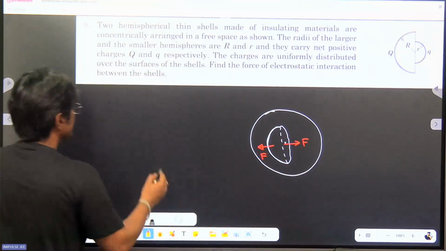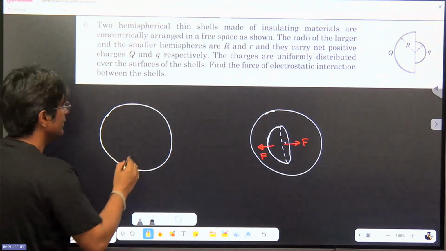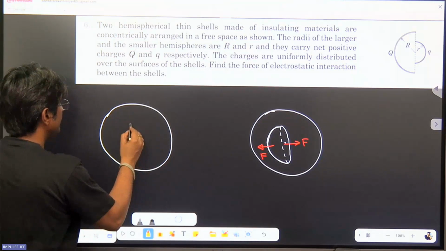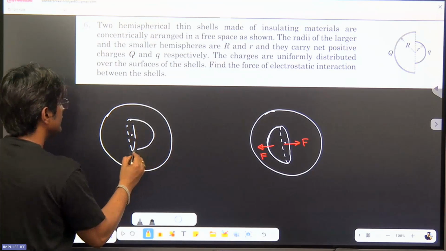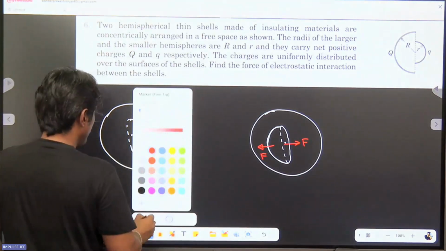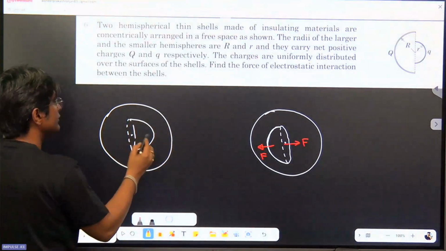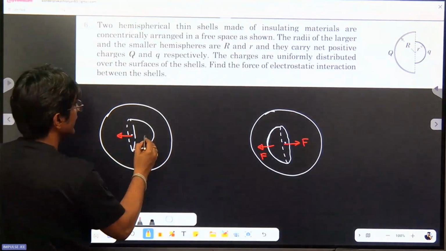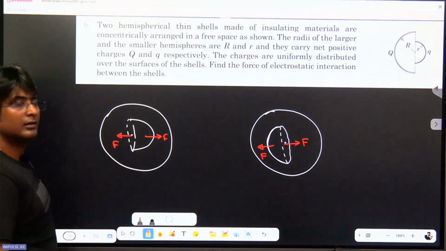Similarly, if we take again a complete hollow charged sphere, and place another hemisphere concentrically inside like this, then the force on this hemisphere due to this portion will be in this direction, and due to the other portion again in this direction, and again the net force will be 0.